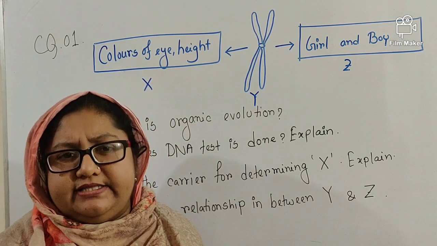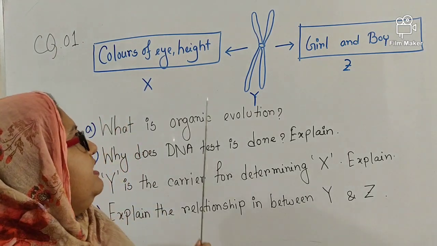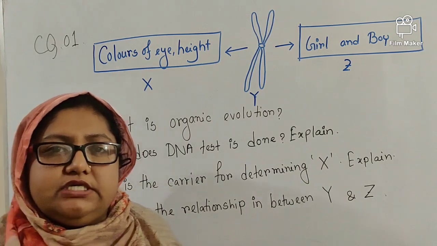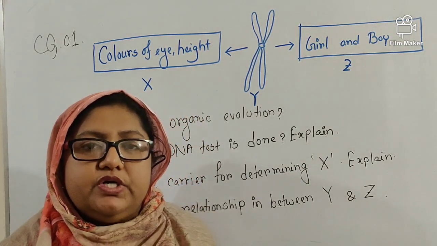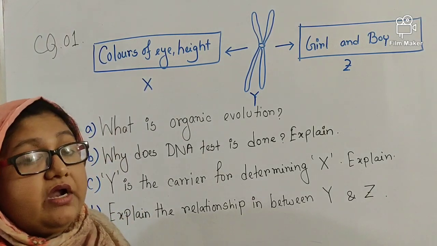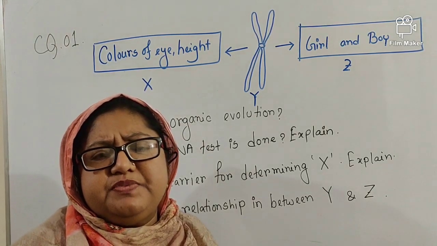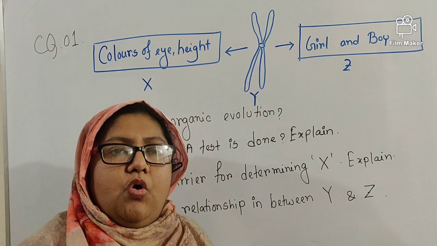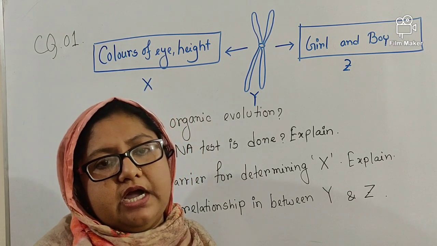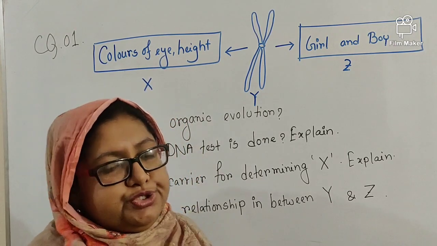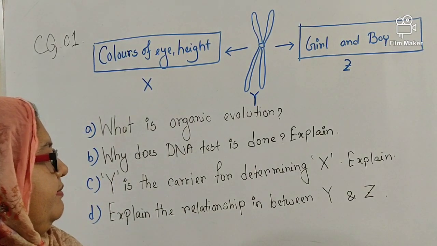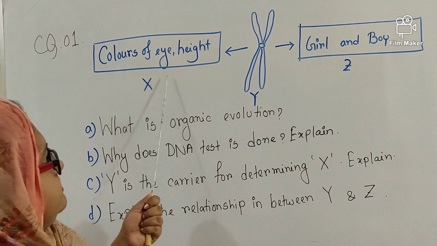Now, what kind of signs? These may be the color of eye, the height, the color of skin, or the combination of skin color. These may be the physical characteristics or the internal characteristics, or all these types of characteristics are controlled by the gene. So, how does Y carry these characteristics?